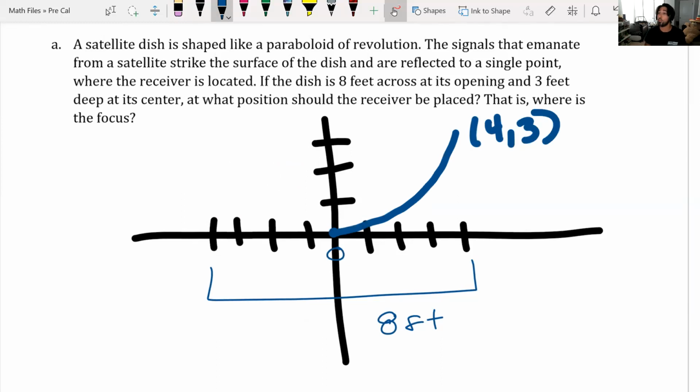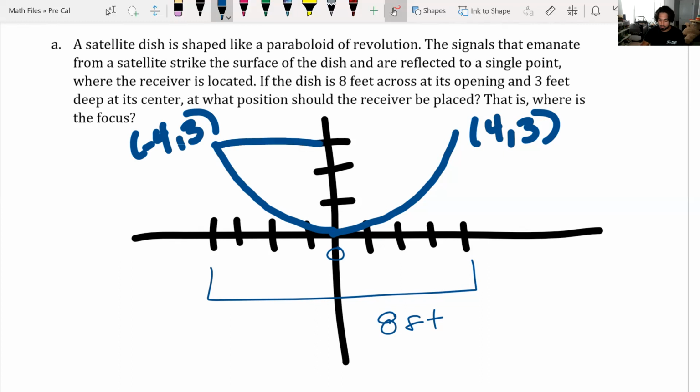And then, to make the rest of the satellite dish, we go left 4 and up 3. And now we have another point. Negative 4, 3. And this would be our satellite dish, right? Okay, we don't need that part though.